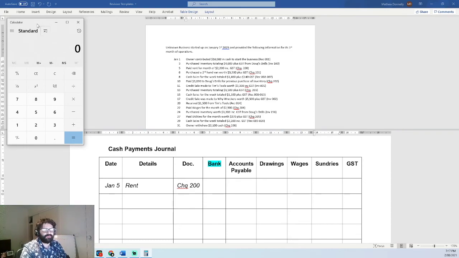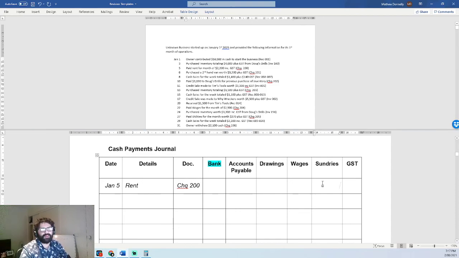So, 2,200, including GST. How do I get GST out? Well, quite simply, if we add GST in, it's times 1.1. So, if we want to take GST out, it is divide by 1.1. And we see that's 2,000. So we see rent was worth 2,000.